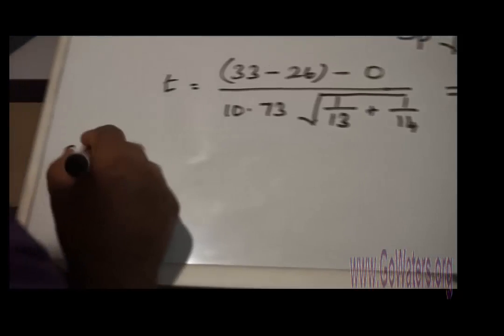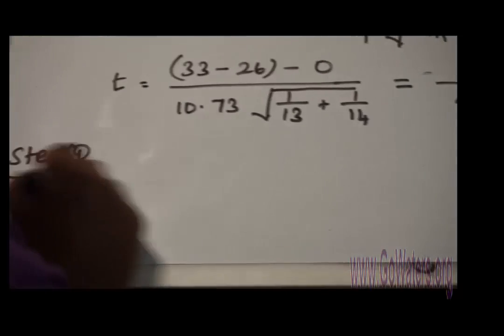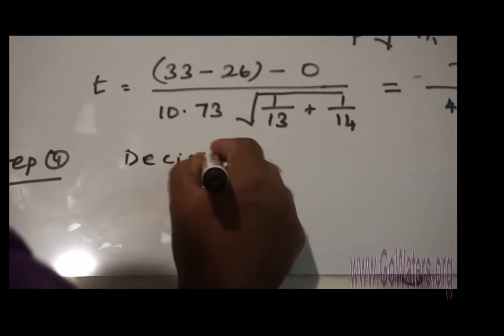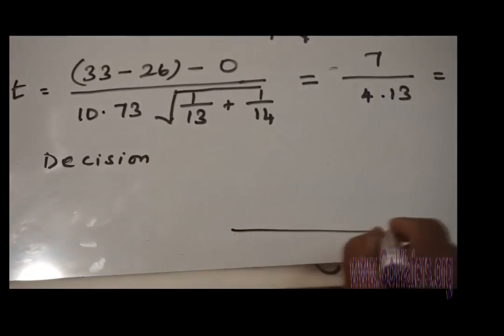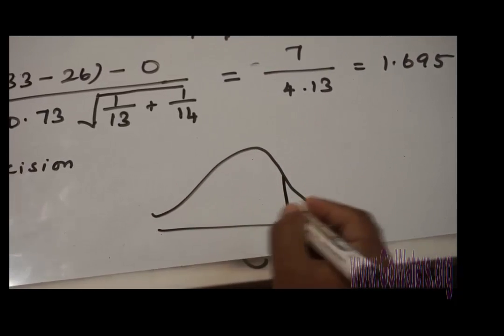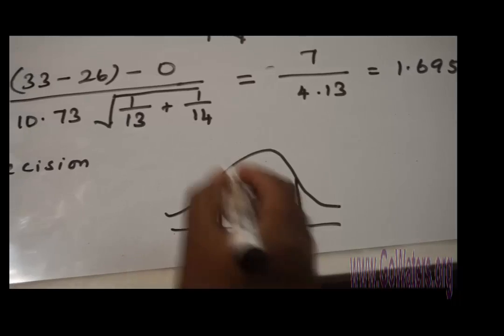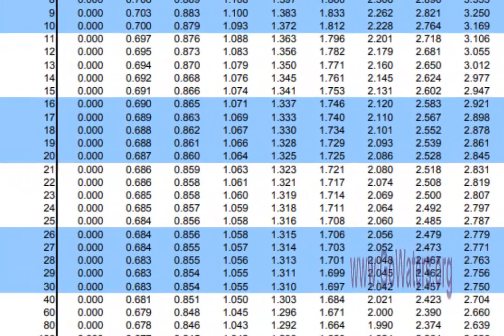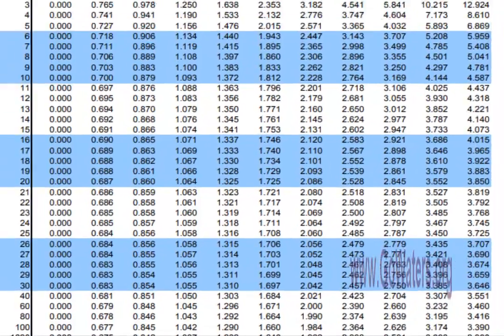Step 4 is the decision. Here and here we have 0.025 and 25 degrees of freedom, so go to the t table. Look at 25 and then 0.025.